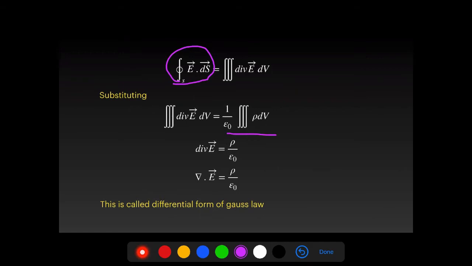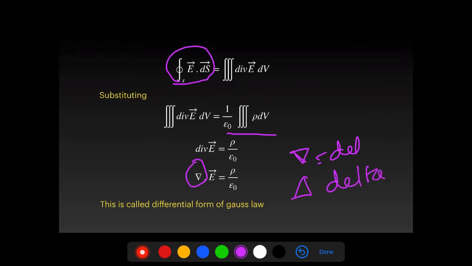We can represent divergence by using this del symbol. It is an inverted triangle, called del, whereas this one we call delta.